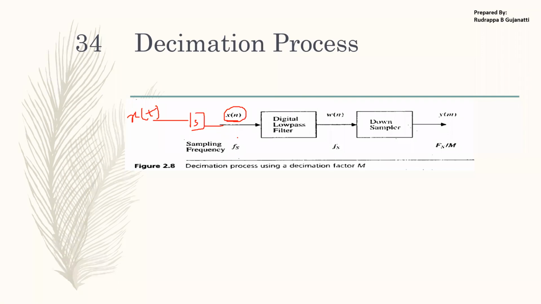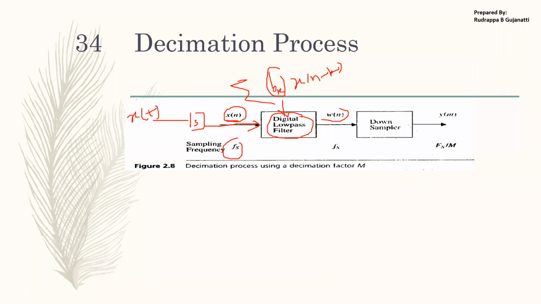So this x of n is sampled at a frequency f of s, that is the sampling frequency. Now I pass it through a digital low pass filter. That is, I identify the coefficients and build this filter. That is the summation equation with x of n minus k. This will give you the overall sequence of filtered values.